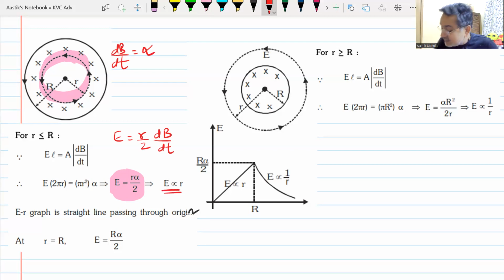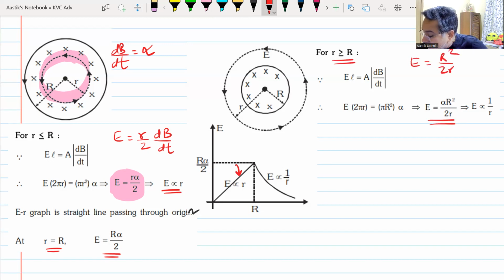You can see here this E is directly proportional to R in this graph. At the radius R of the cylinder, it becomes R by 2 into alpha. For points which are greater than R, outside the cylinder, E becomes alpha R square by 2r. If you want, you can remember it in this fashion: R square by 2r into dB by dt.